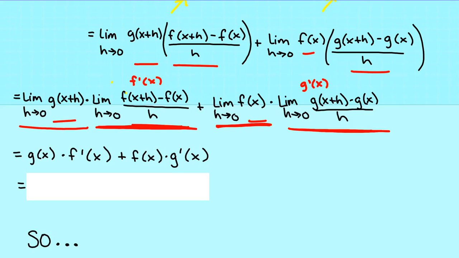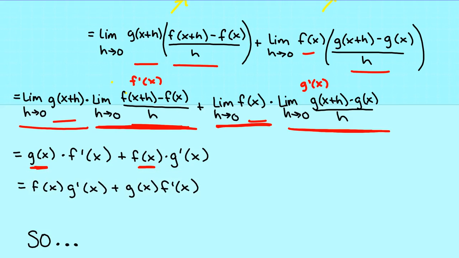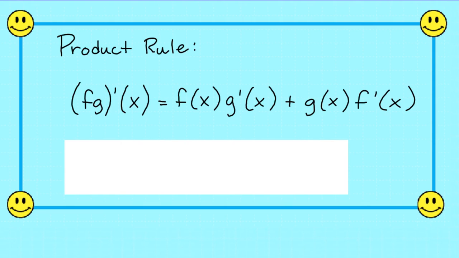Remember, f was the first function in our product, and g was the second function in our product. And typically we rearrange these a little bit. We write f times g prime plus g times f prime. So that is our new rule. It's called the product rule, and it's for finding the derivative of a product.